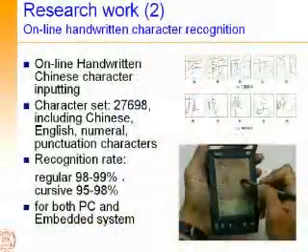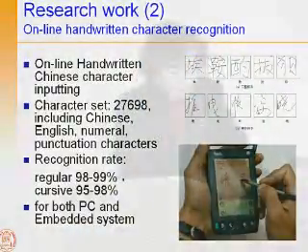So how to handle this variance with much higher classes, because there are 4,000, 6,000, maybe 20,000 characters, and get a high recognition rate. It is a very important and challenging problem. We have got very successful results.